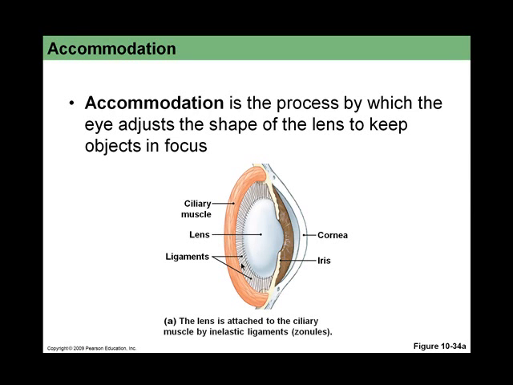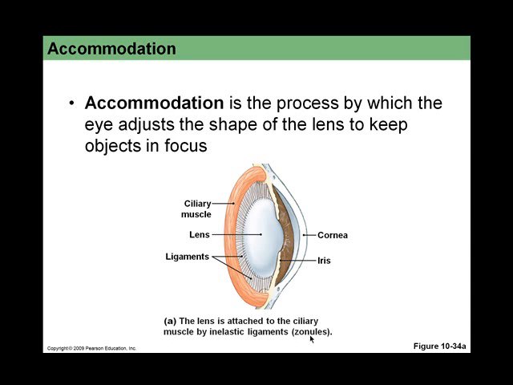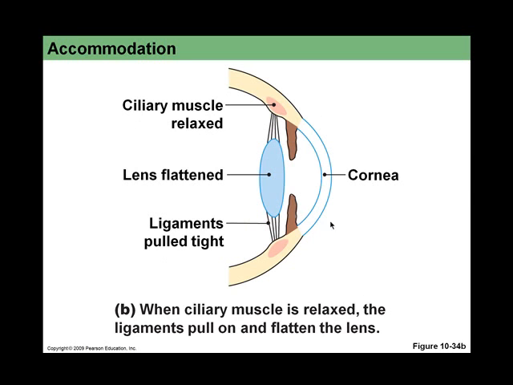And the ligaments suspend the lens to the ciliary body, so the lens is attached to the ciliary muscle by inelastic ligaments, the zonules. And when the ciliary muscle is relaxed, remember, this is like a sphincter muscle, the same as the smooth muscle in the iris.